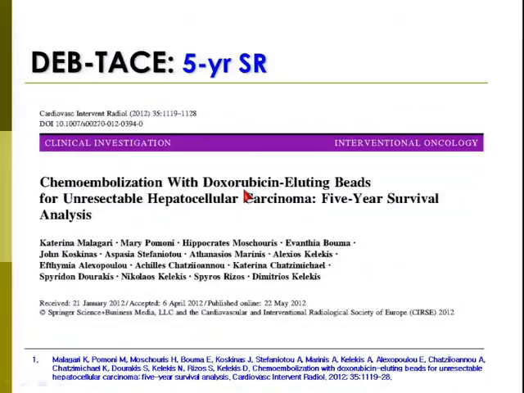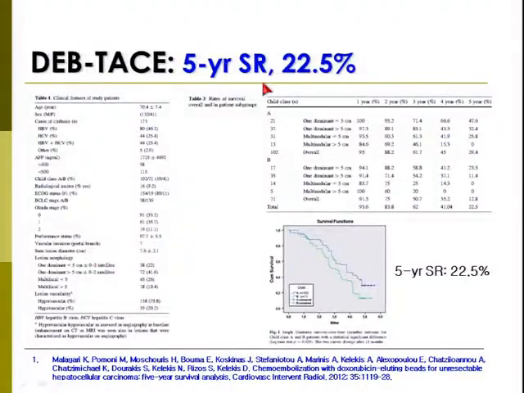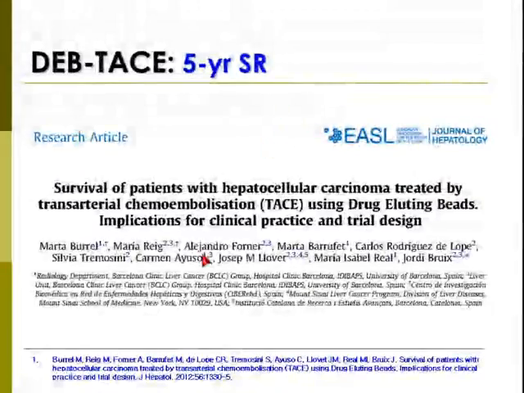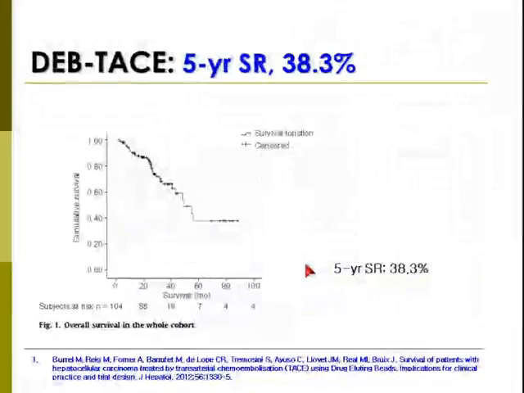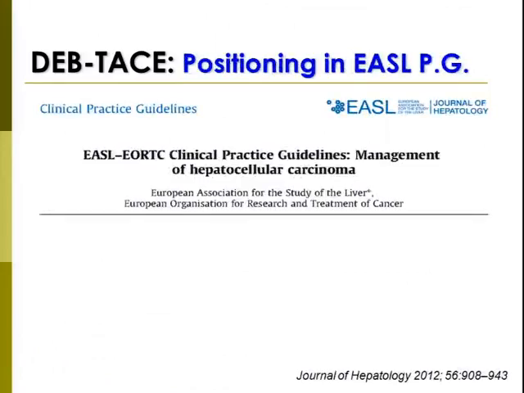I could find 2 papers reporting 5-year survival after DEB-TACE. One from Greece by Dr. Malagari, and the 5-year survival rate is 23%. One paper from Barcelona Clinic, the 5-year survival rate is 38%. This 5-year survival rate can be different depending on the baseline patient characteristics.